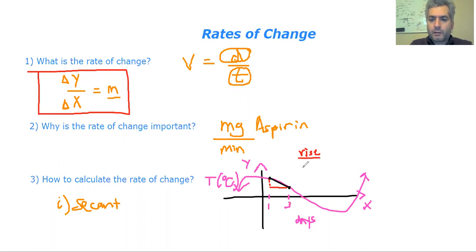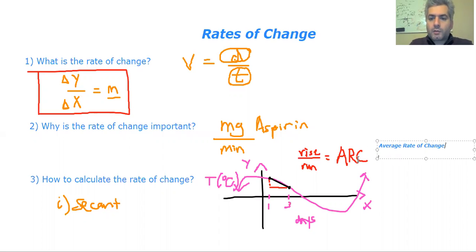And this gives us the rate of change on an interval, so we call it the average rate of change, or ARC. So that's the average rate of change. I'll just write that here. Average rate of change.